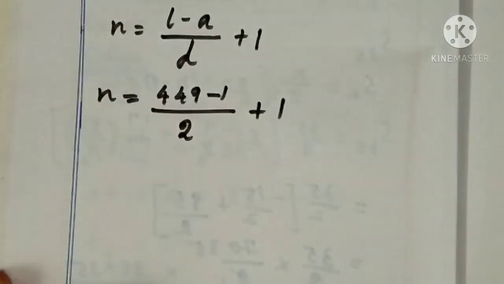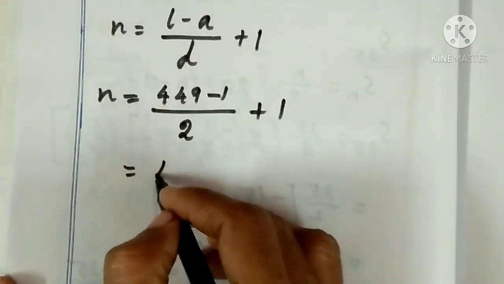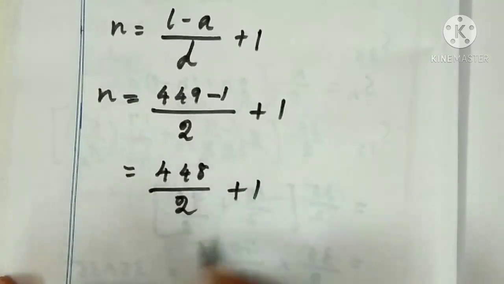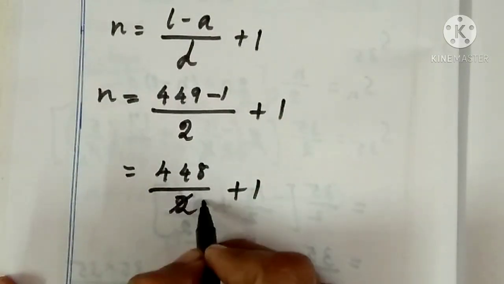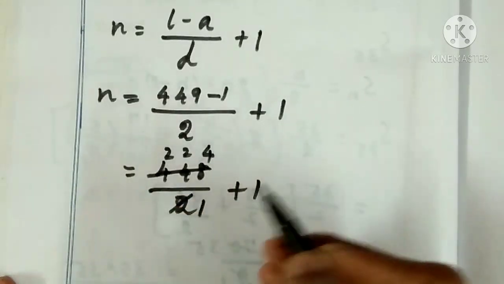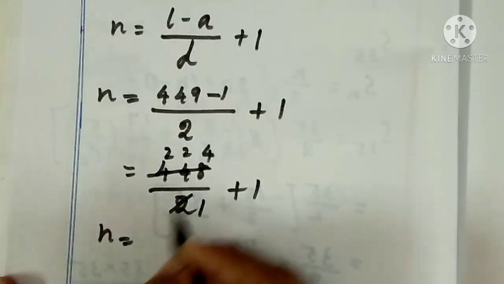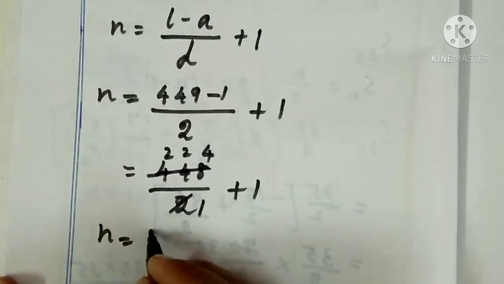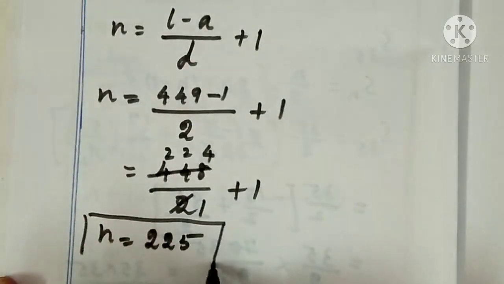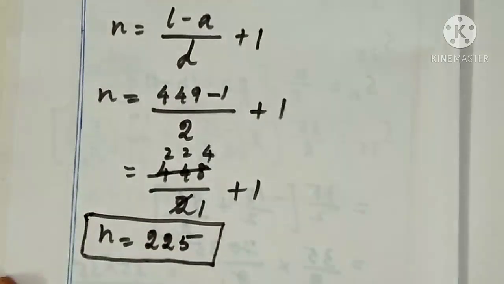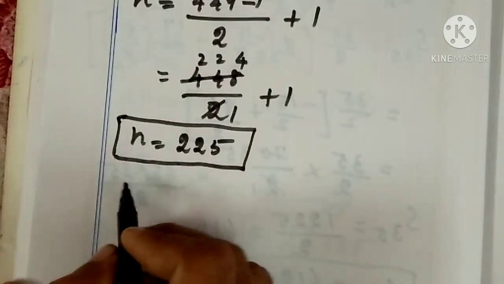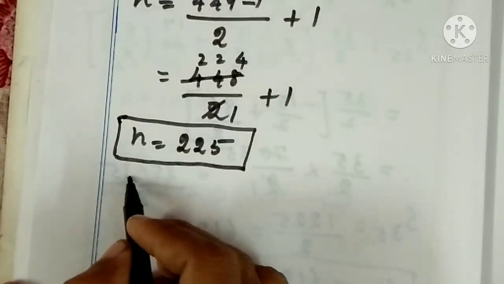Now, you have to simplify this, means we get 448 by 2 plus 1. Cancelling this by 2 table, 1 2 is 2, 2 2s are 4, 4 2s are 8. Therefore, n is equal to 224 plus 1, that is 225. Here, the value of n is 225.